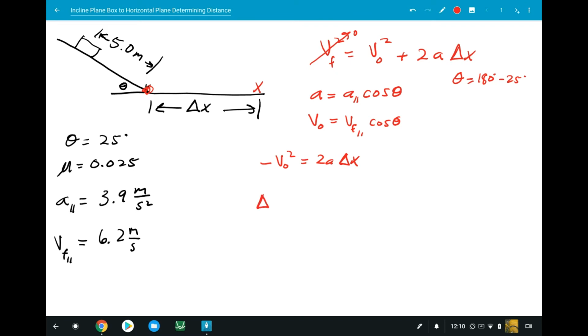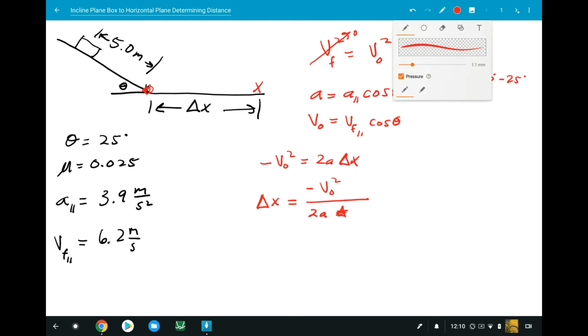Therefore, delta x, the distance that the box will travel, will be negative V initial squared over 2a. Let me erase that, that was a slip of the mind. Okay, let's go back. Okay, over 2a.